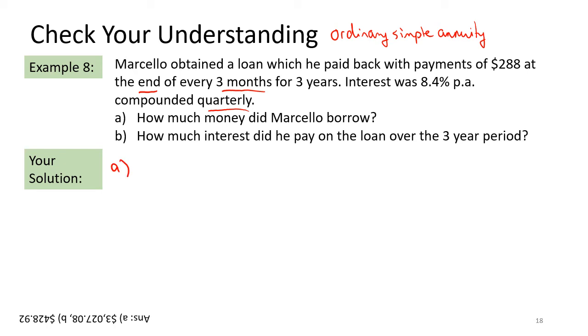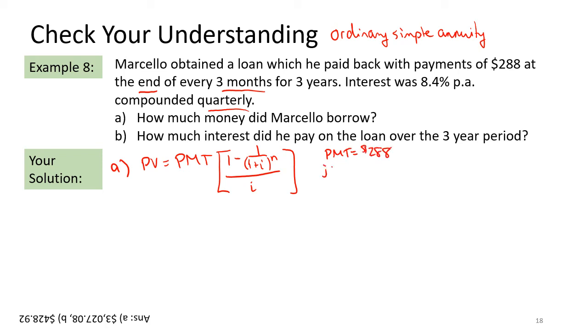So in part A, if we want to find the present value, it's equal to the payments that he made times 1 minus 1 plus the periodic interest rate to the exponent n, the total number of payment periods, divided by the periodic interest rate. So we know his payments are $288.